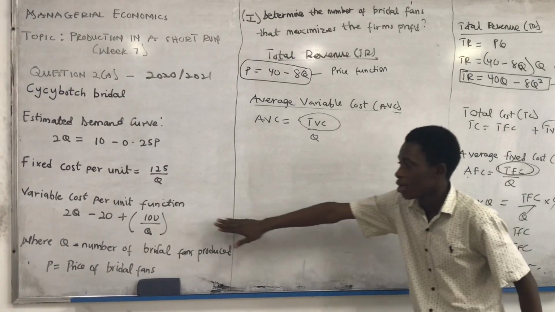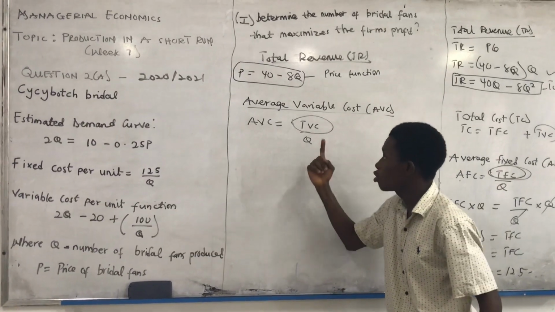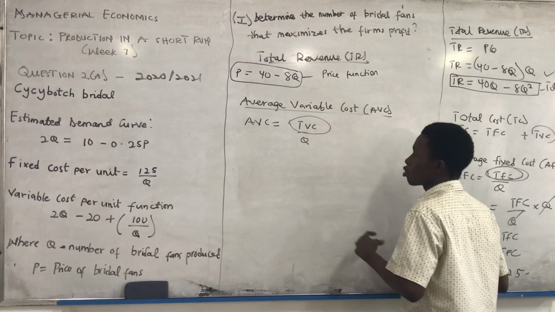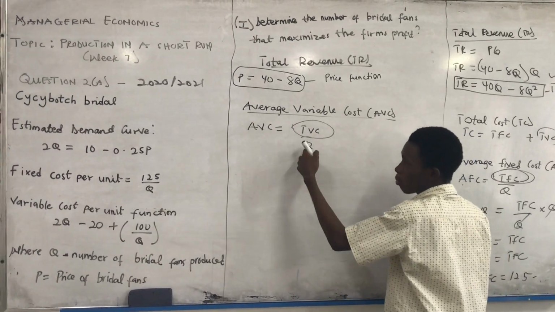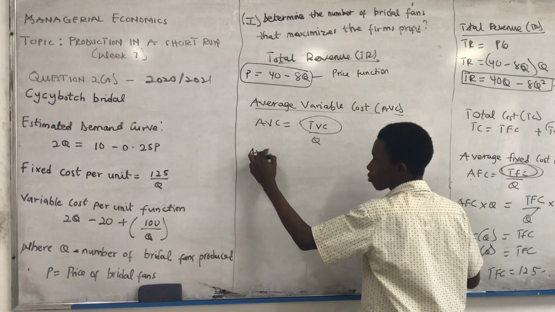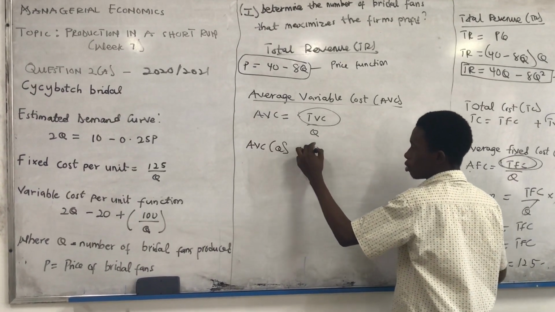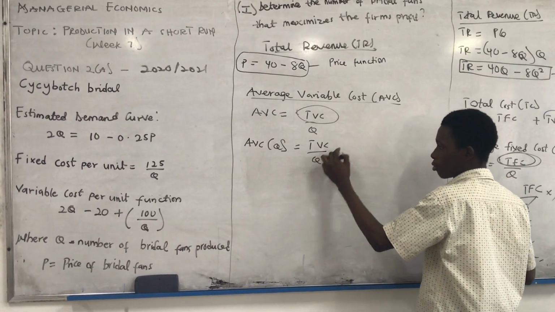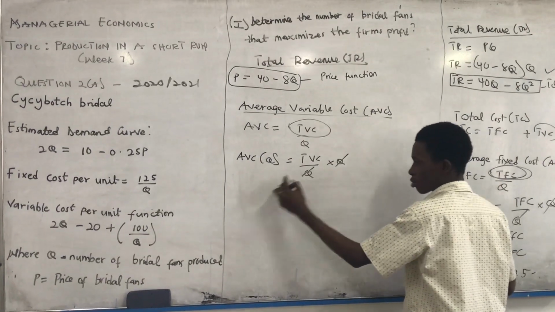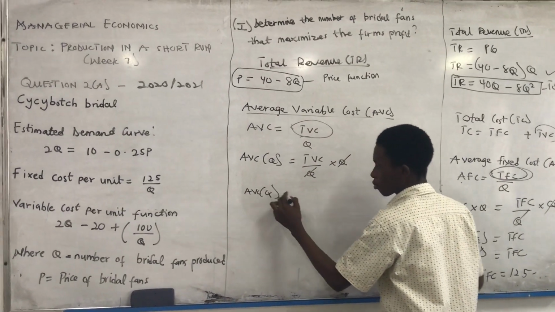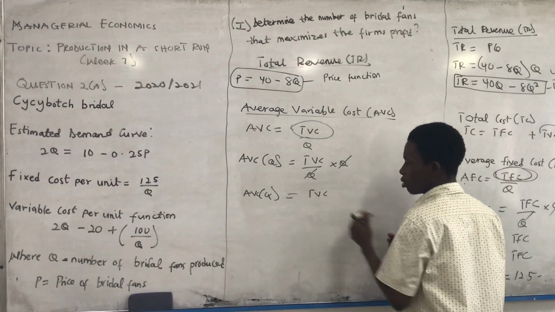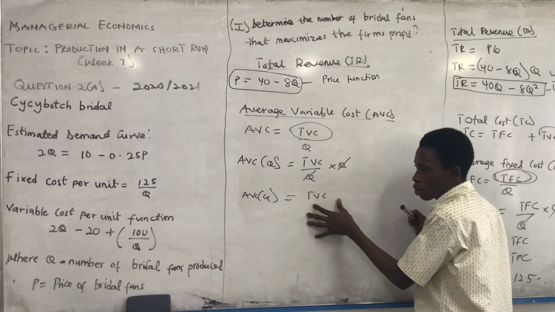So if you use this average variable cost, you get it wrong. You need to find the total variable cost. So what then do we do? We need to make TVC the subject. So let's multiply through by Q. AVC times Q is TVC over Q times Q. This cancels out. We have AVC Q is equal to TVC. So that's our total variable cost function.